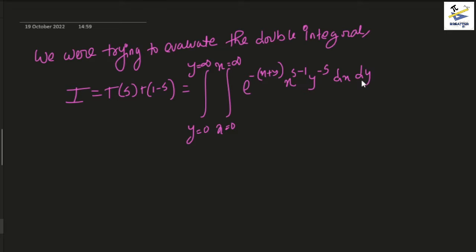The progress specifically was to group the terms and make a substitution of u equals x by y, which eventually gave us the form that is, let me write it down.